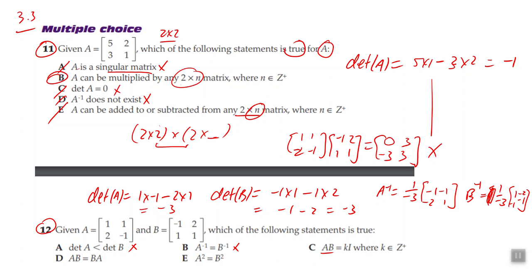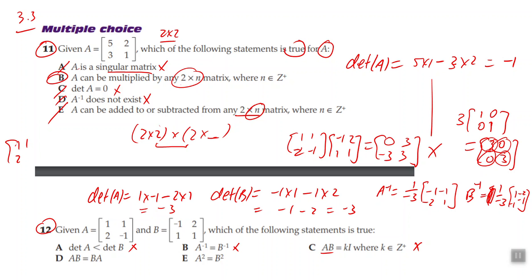That's clearly not a multiple of the identity. Multiples of identity, so if I like 3 times identity, you'll get something like this. You get these two parts being 0, and these two parts being the same number, and clearly that's not that, so that's not true.